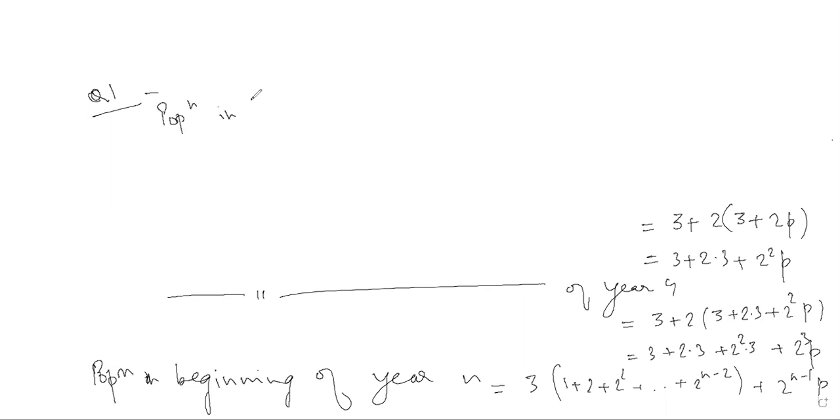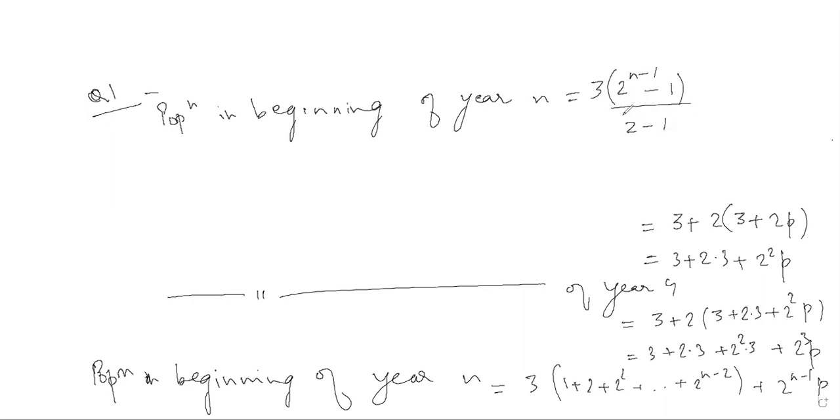Population in the beginning of year n. So for this we can apply the sum of GP. So 3 into 1 plus 2 plus 2 square up till 2 raised to n minus 2. So this we can write as 2 raised to n minus 1 upon 2 minus 1, using the formula for sum of GP, and then plus 2 raised to n minus 1 into p.